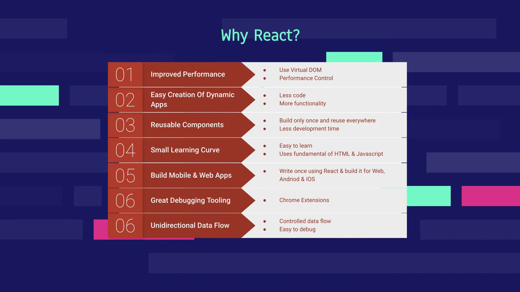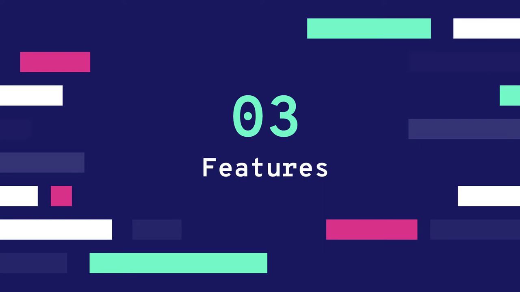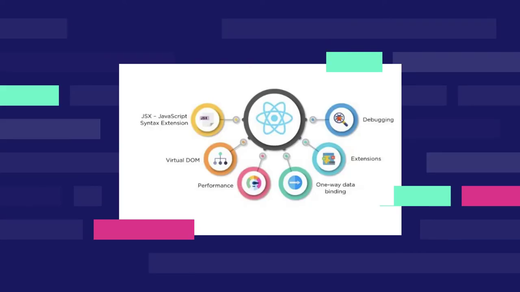If you club all of them up and visualize them in a very simple fashion, let's talk about the features it provides. It uses JSX, a JavaScript syntax extension. So what is JSX? It's a new term we haven't heard before, right? We'll discuss it. Hold on, just listen to all the features and functionality which are provided out of the box.